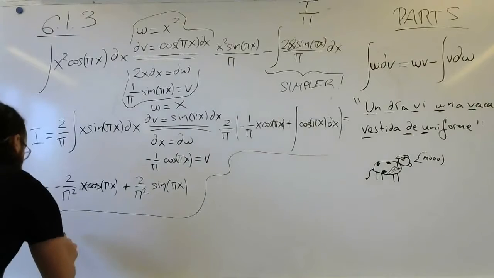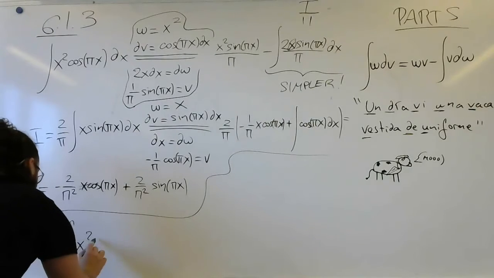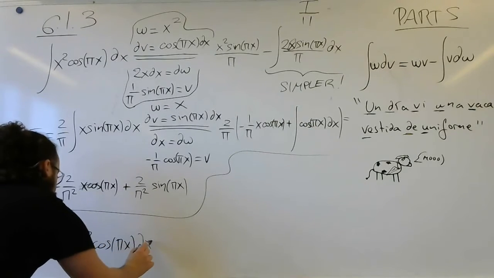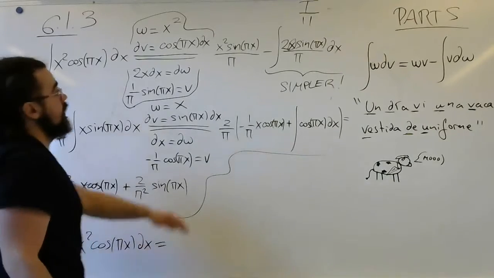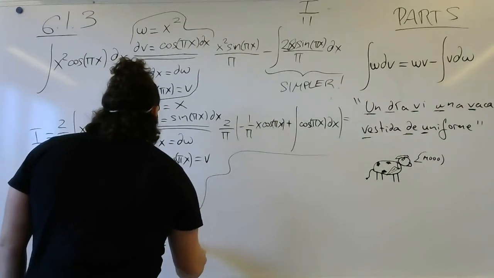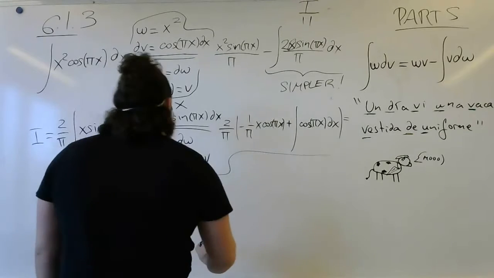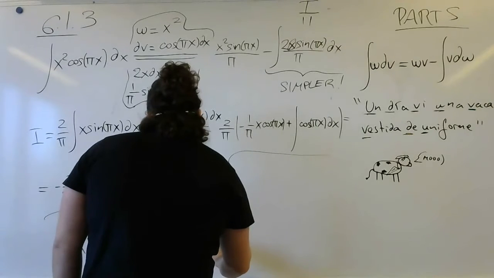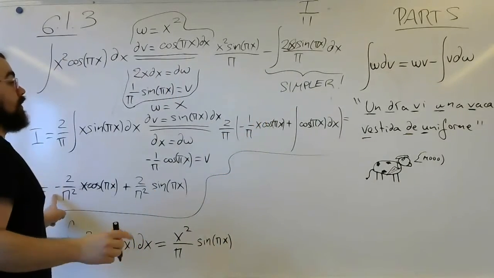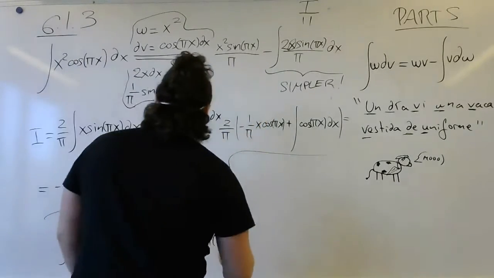So our integral is this thing right here, x squared over pi sine of pi x minus plus.